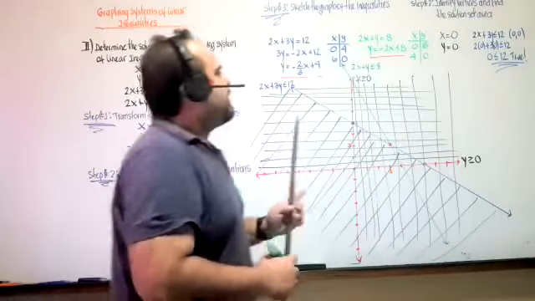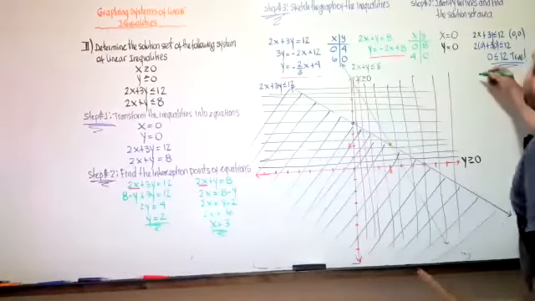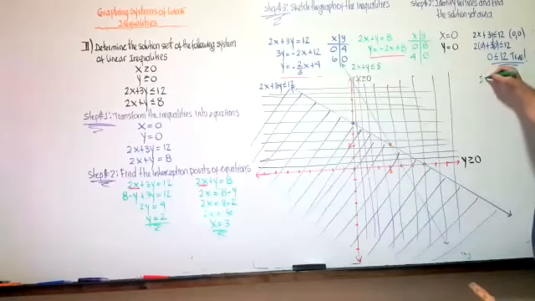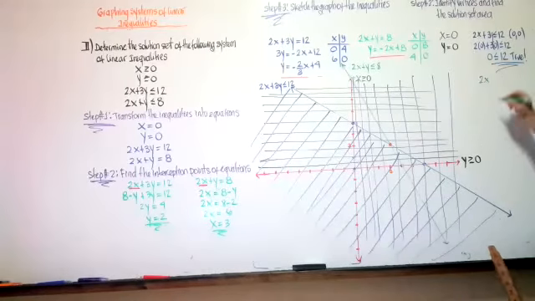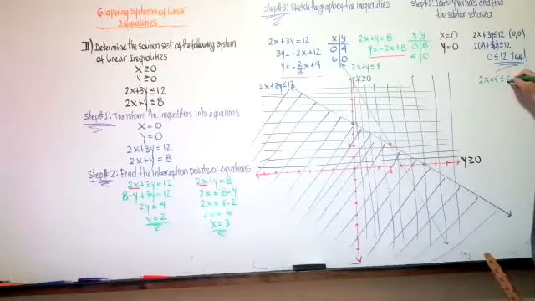And how about the other one? We have 2x plus y, that's supposed to be less than or equal to 8. Same test point, 0 with 0.